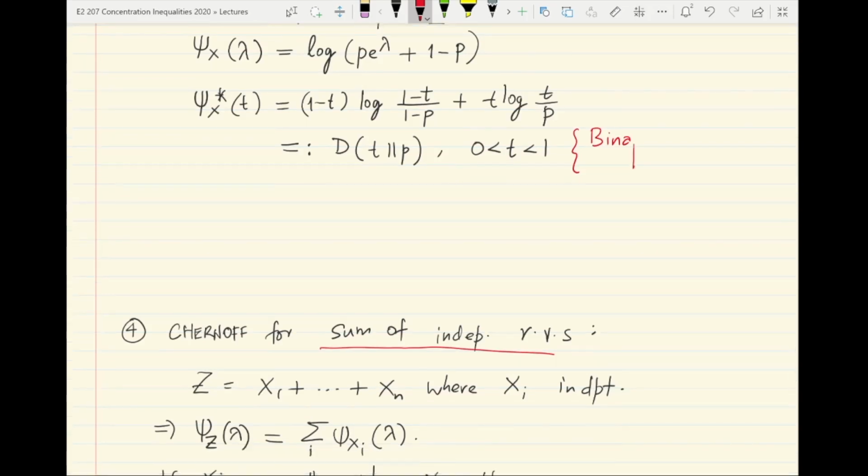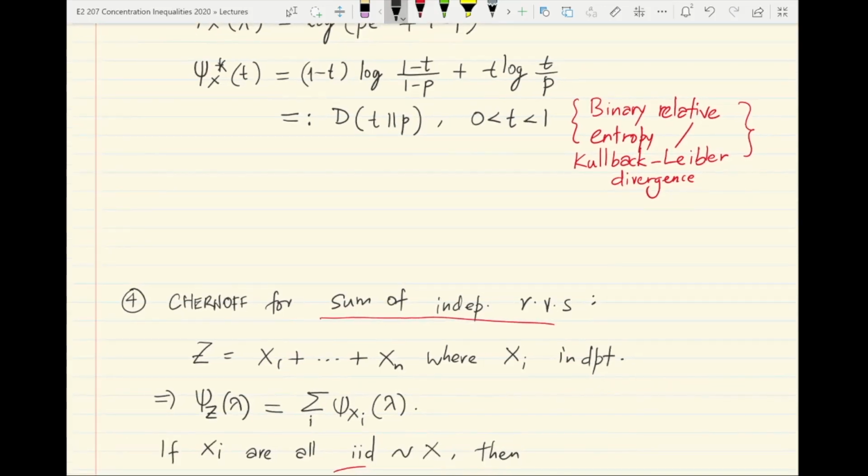It's called the binary relative entropy function, or also the Kullback-Leibler divergence between Bernoulli distributions with parameters t and p.